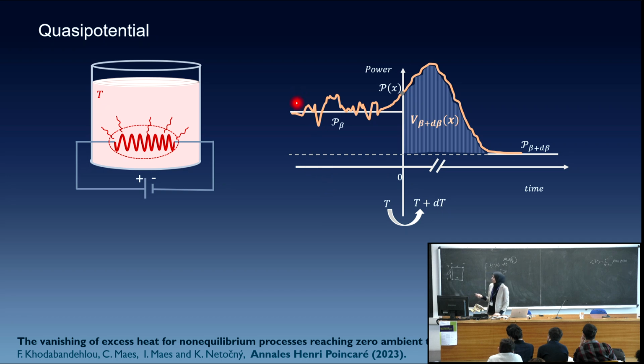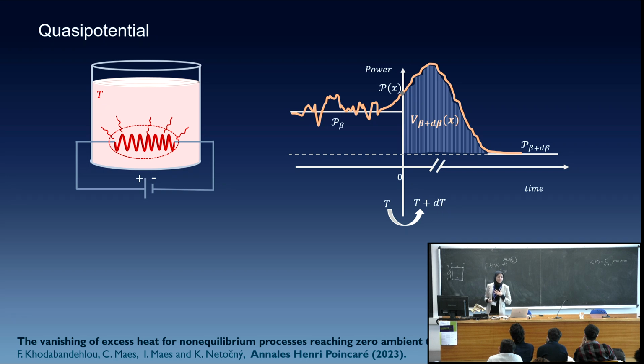Your system is in a steady state, exchanging heat with the environment. This P is heat power, okay? And then you change the temperature of the bath, the system is disturbed, you perturb it, and now it's relaxing to another steady state.